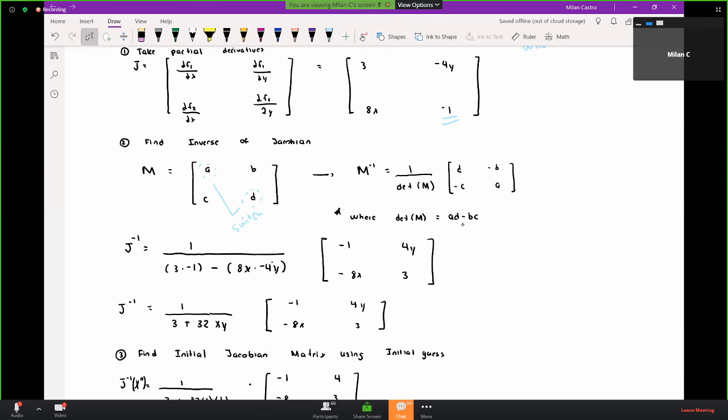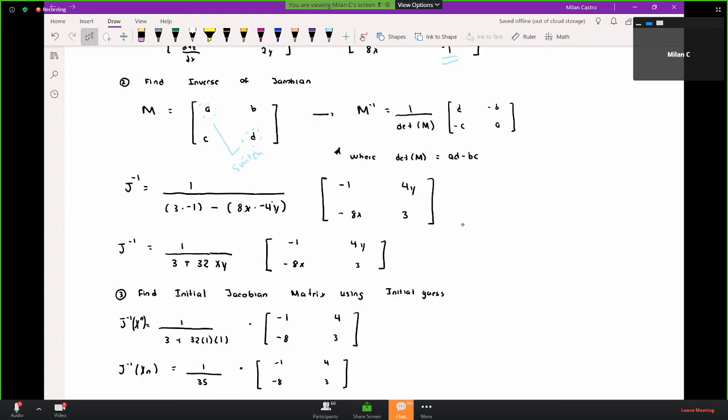So this ends up giving you the inverse Jacobian with the form of 1/(3 plus 32xy), and it's being multiplied by the matrix -1, 4y, -8x, 3.